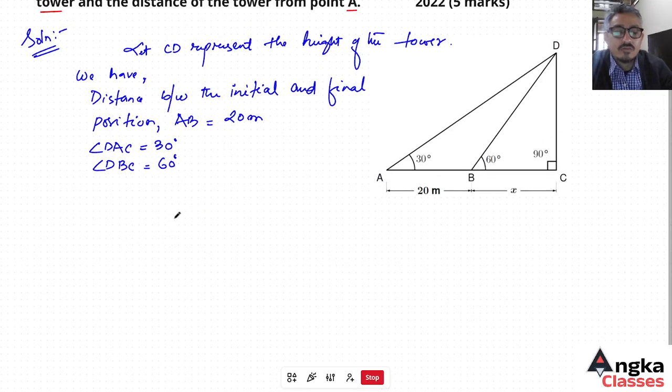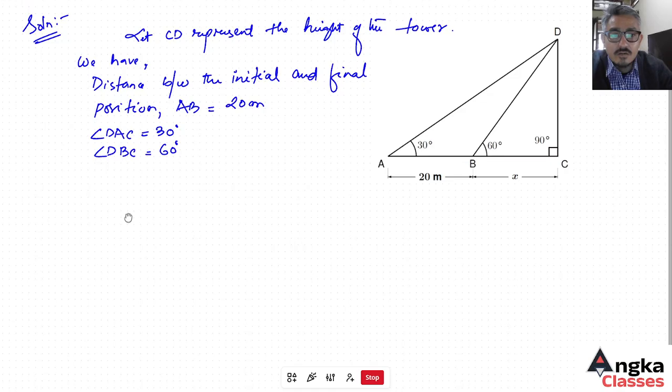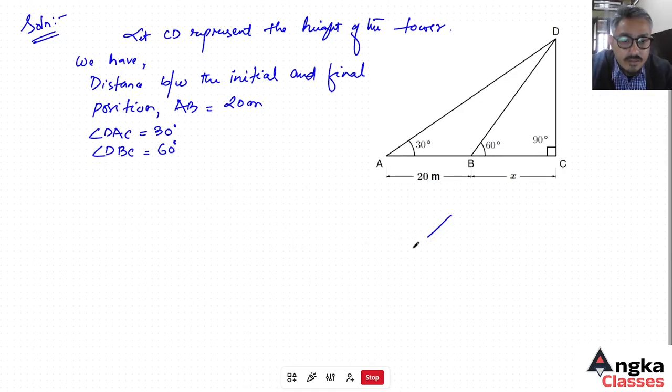Now let us start the solution. We identify the two right angle triangles. We have DAC and DBC.